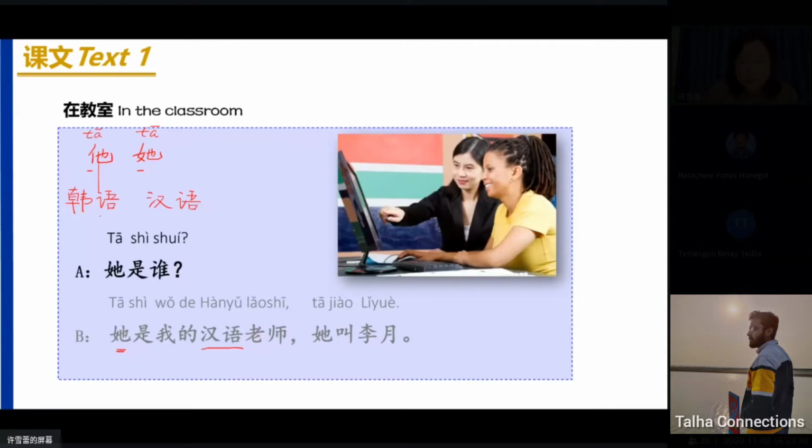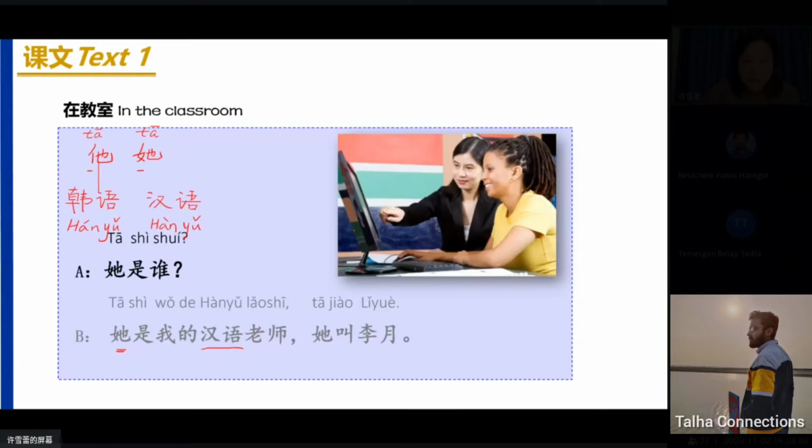And here, look at the screen. There are two expressions. This one is 韩语. This one is 汉语. And the other one is 汉语. This is Chinese language. So compare the two.